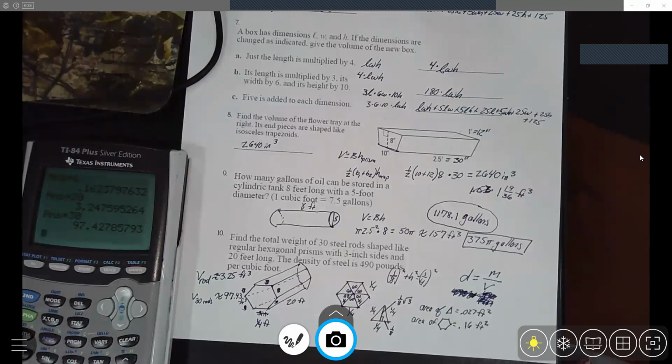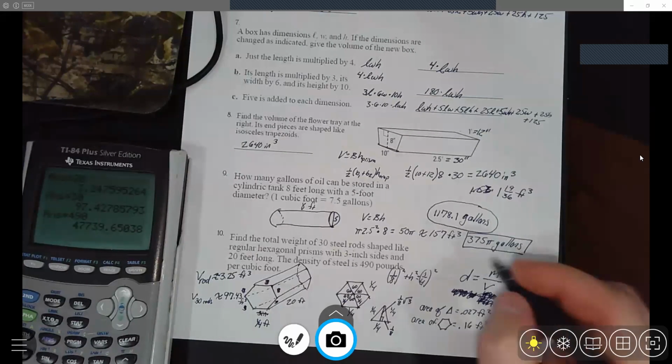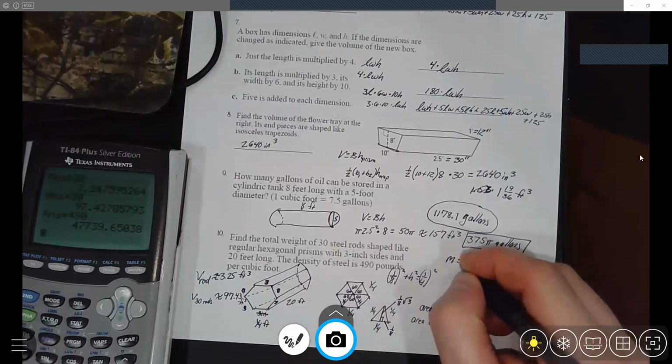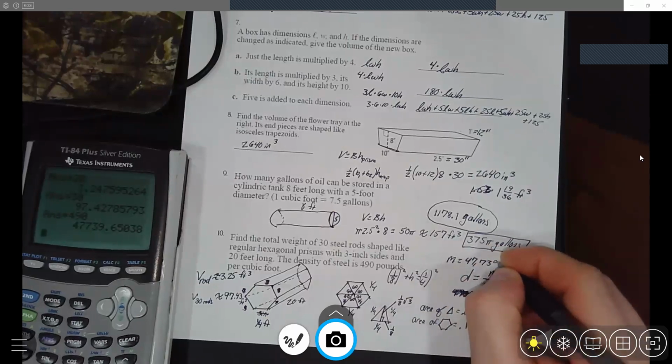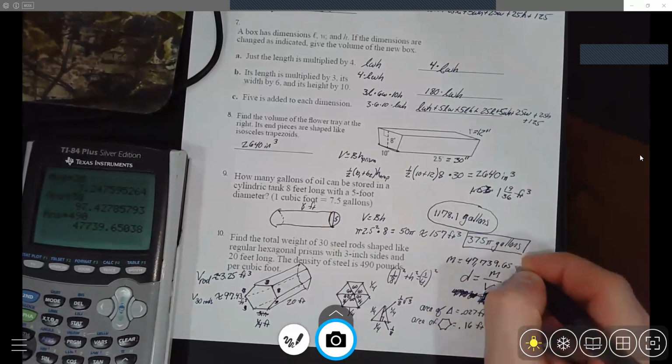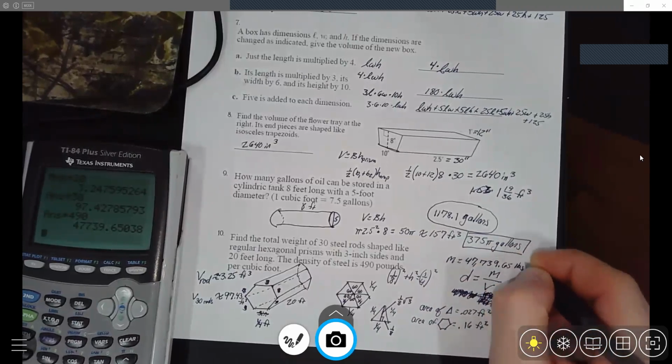Right, so we have approximately 97.43 cubic feet. Every cubic foot is 490 pounds. So if we take our volume and multiply it by 490, that's going to give us our mass. So our mass is going to equal 47,739.65 pounds.